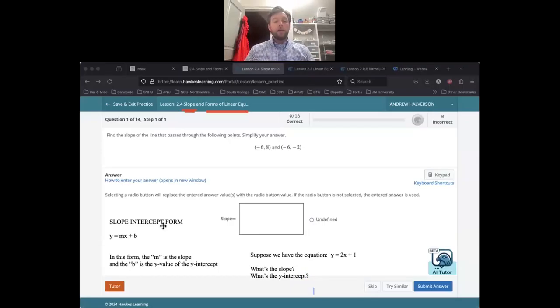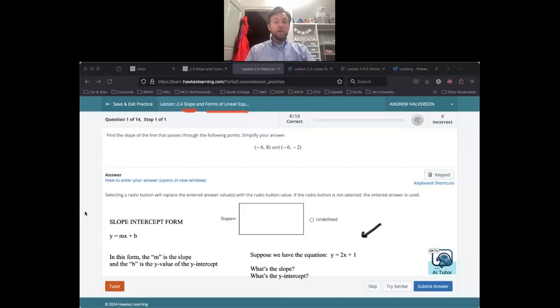Well, the thing you need to take note of is the m. When you have it in slope-intercept form, the value in front of the x is the slope, and the value on the end without a variable is the y-intercept value. So in this one right here, what's the value of the slope?